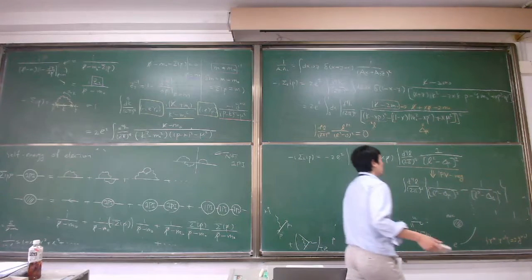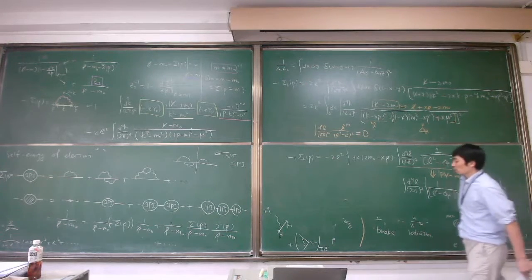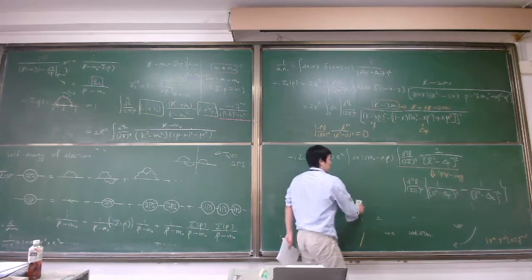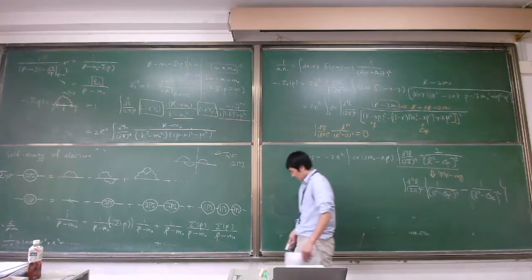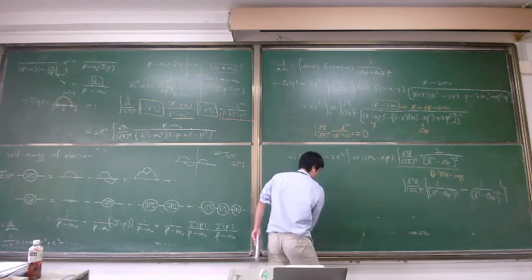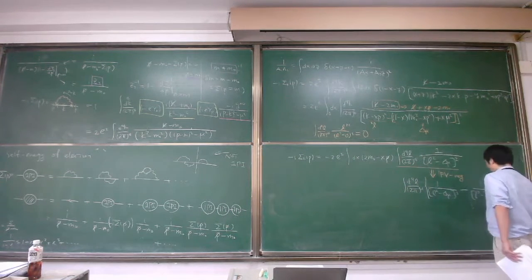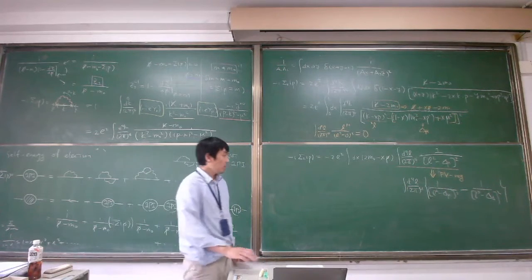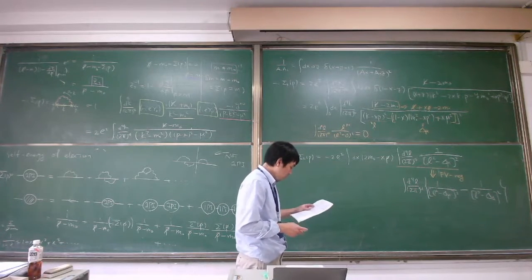This can be understood as you have a heavy photon propagator to regulate the integral. And then you need to perform this integral.